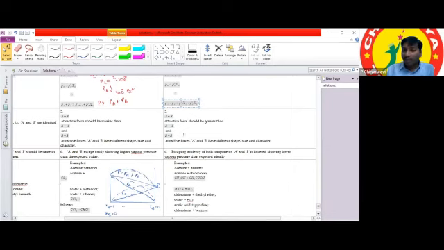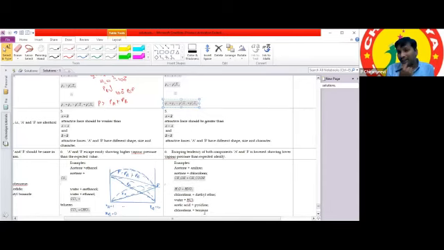Sir, what are the examples for this? Let us see. Methanol and acetic acid, water and nitric acid, water and HCl, chloroform and diethyl ether, acetic acid and pyridine, chloroform and benzene. Here, I'm getting a small logic.